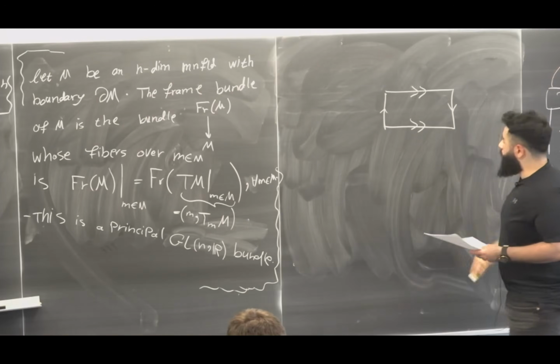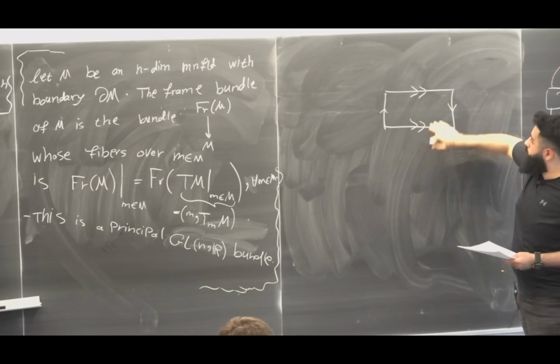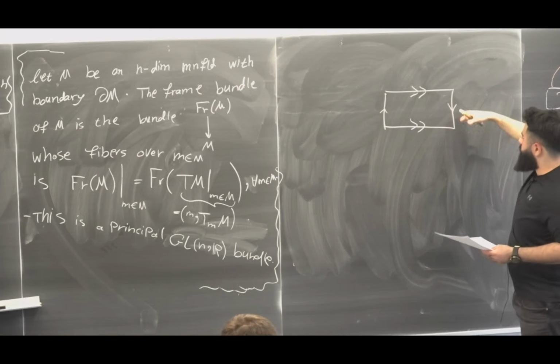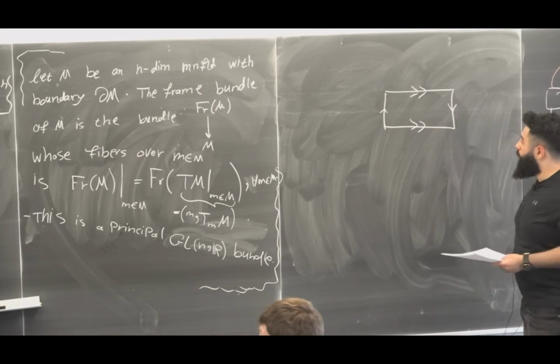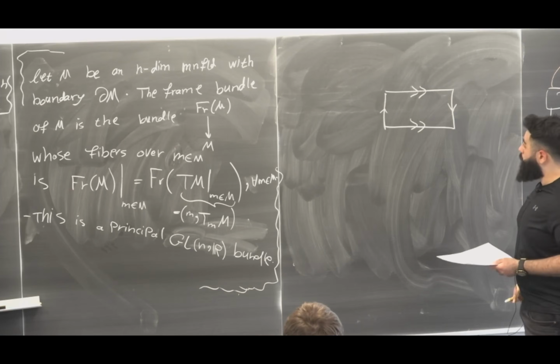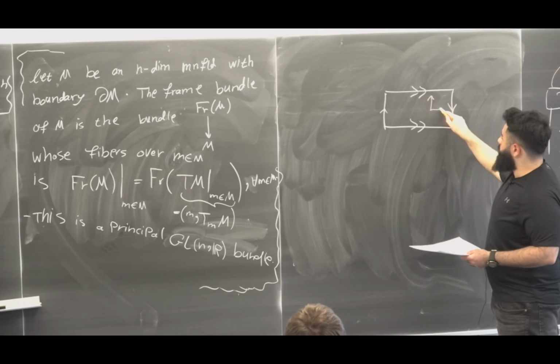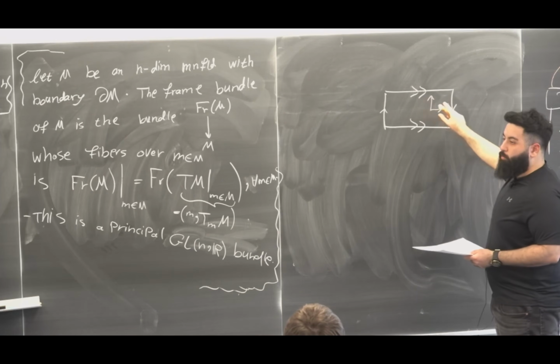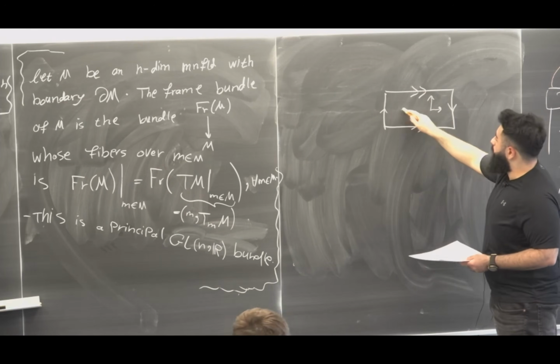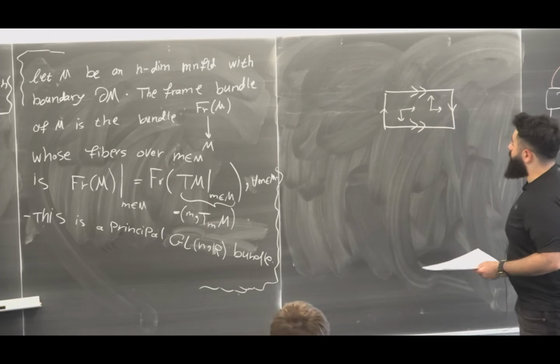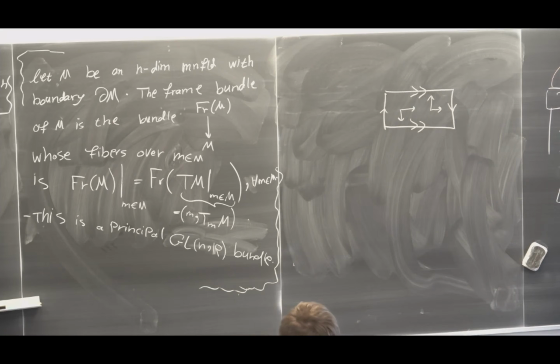You have the Mobius strip: you glue these together, you get a cylinder, you take this and twist it and bring it back, and you get a Mobius strip. If you have an ordered basis, let's say this, you move it around, it comes back looking like this. So it's non-orientable.